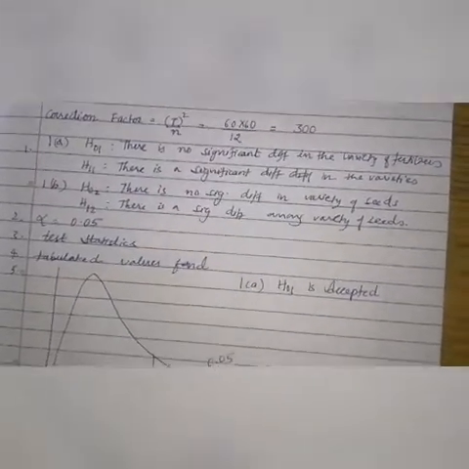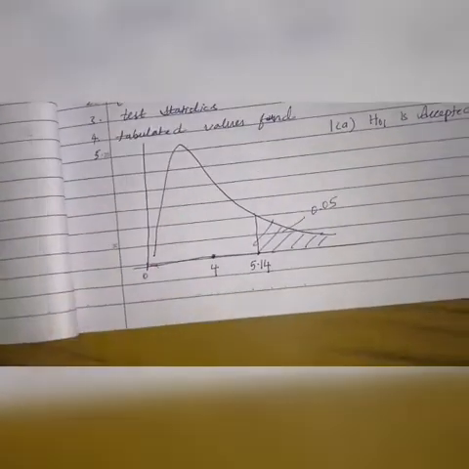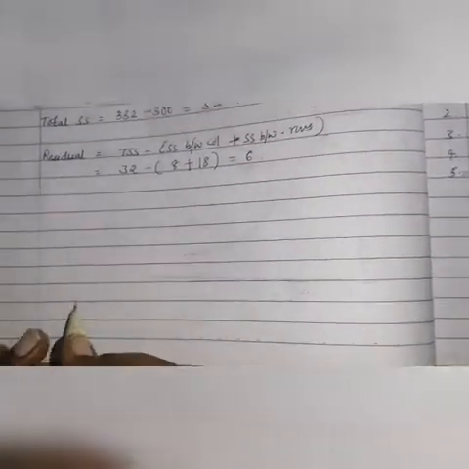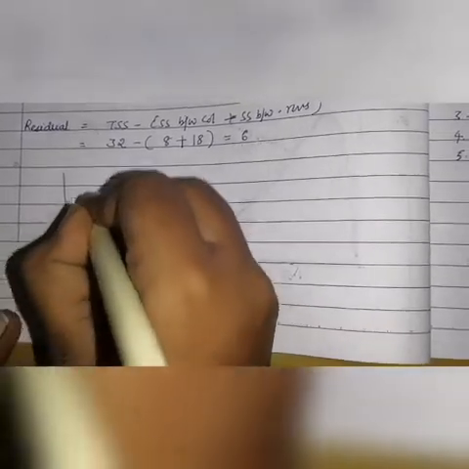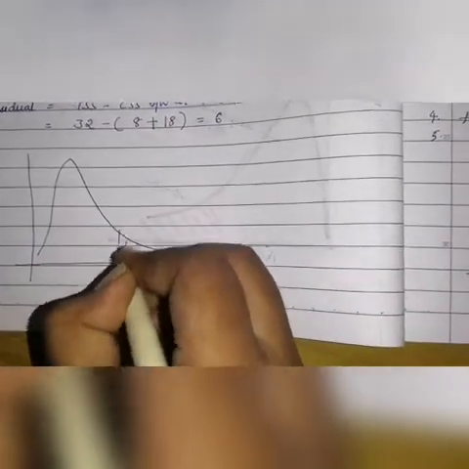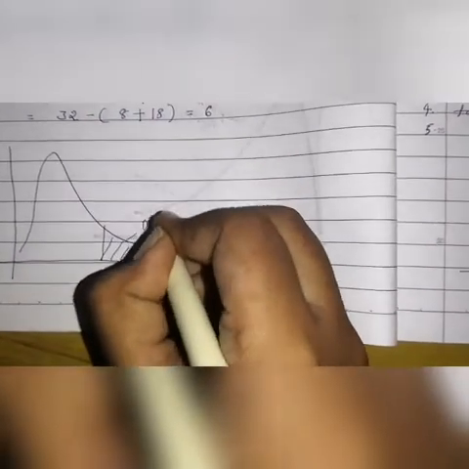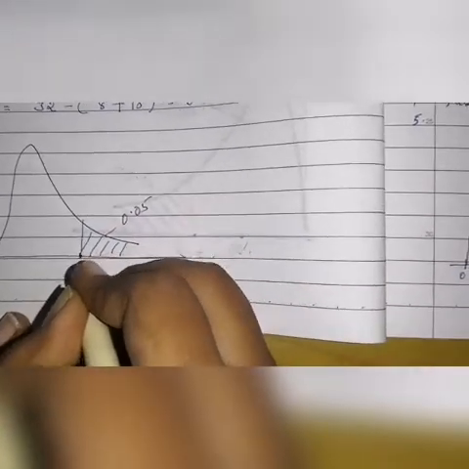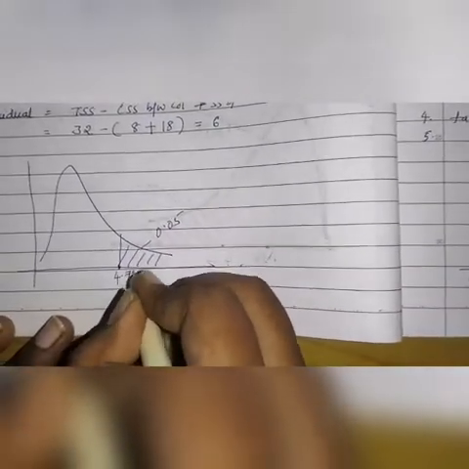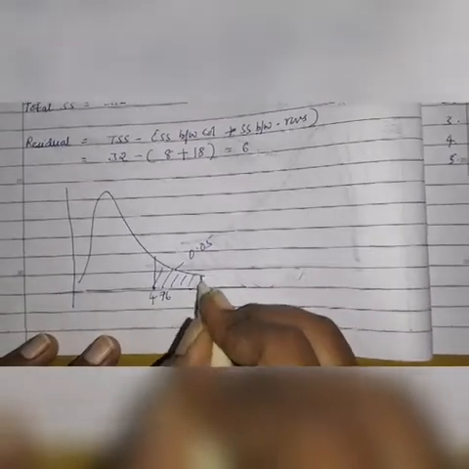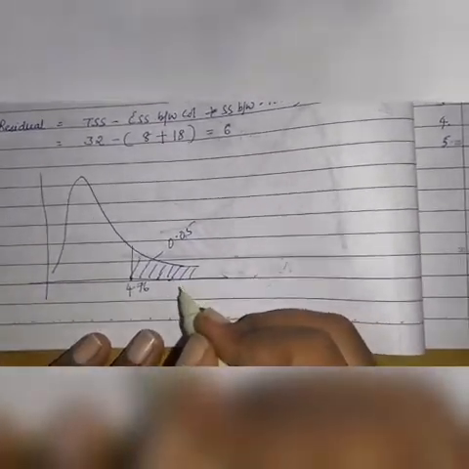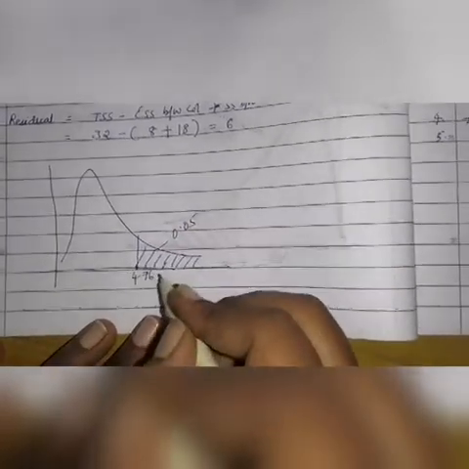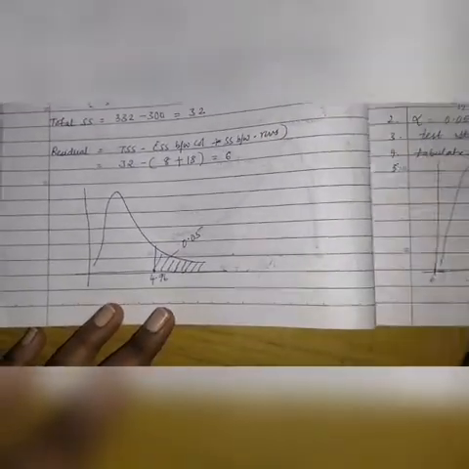Now the next graph. This is the rejection region. This came up to be 4.76. And the F ratio value is 6.